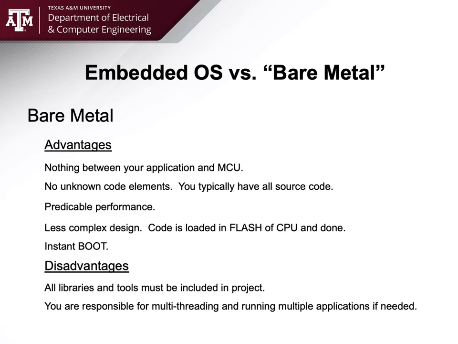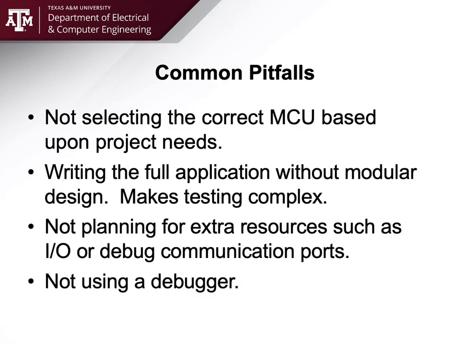Perfectly fine to do that. Do that all the time. You're just the one doing it. You can actually, in the compiler, specify that, and then it will link and build and flash and load the appropriate program into the appropriate core. All that's done for you at the compiler level, but you are responsible for it. So common pitfalls. Biggest one is not selecting the correct microcontroller based upon your project needs.